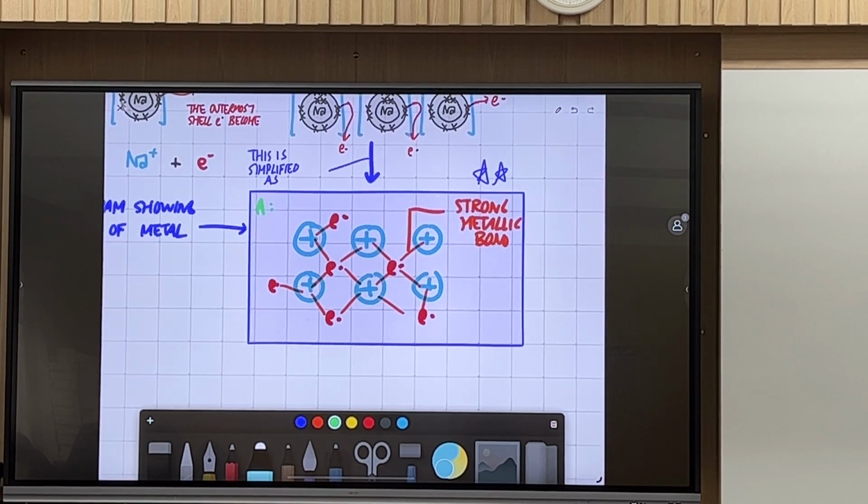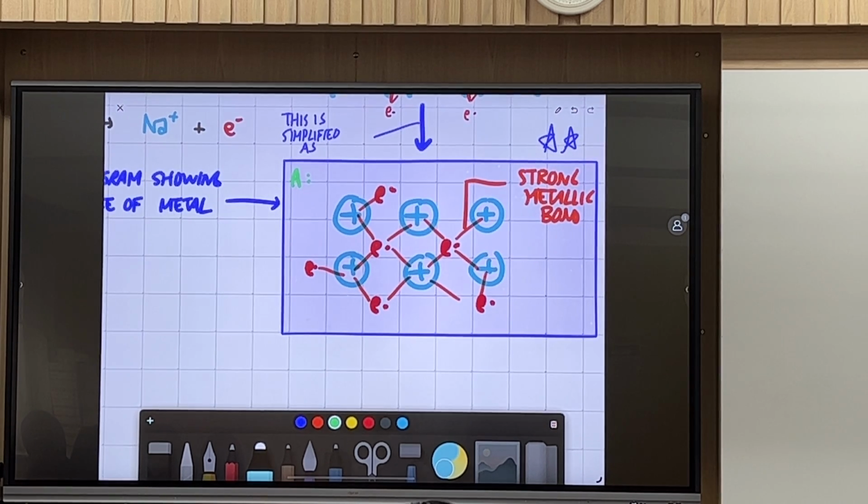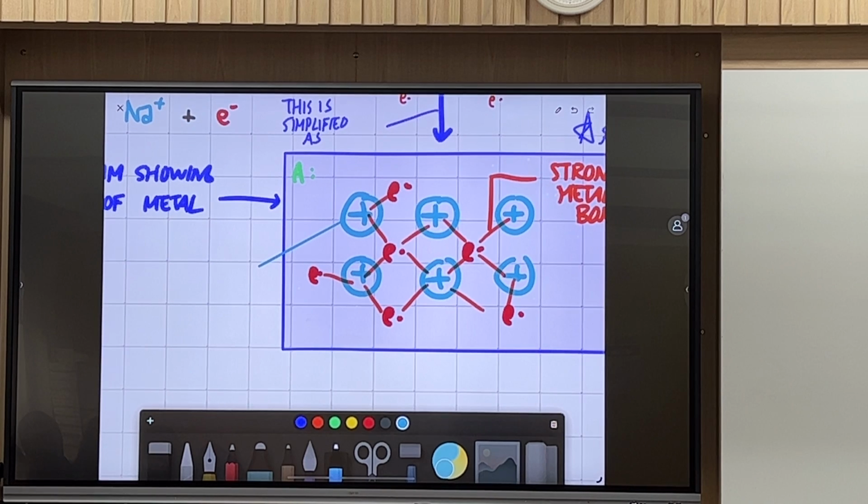Yeah, and we have to label. You see, even with Form 6, I just marked the pre-mock paper, and they don't read the question carefully. When I ask you to label it, it means you need to take out a ruler and label what these things are. Don't just draw a diagram and then move on to the next question. You label this as metal cations.